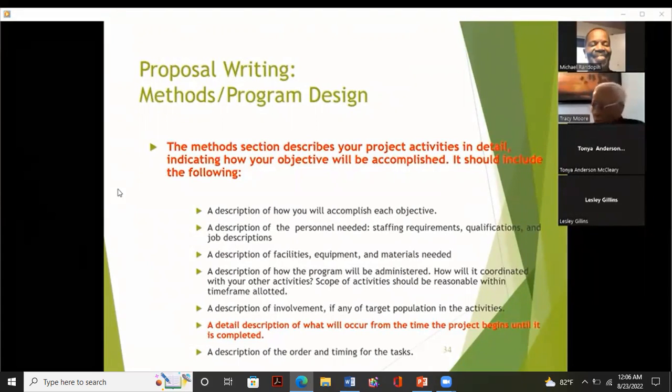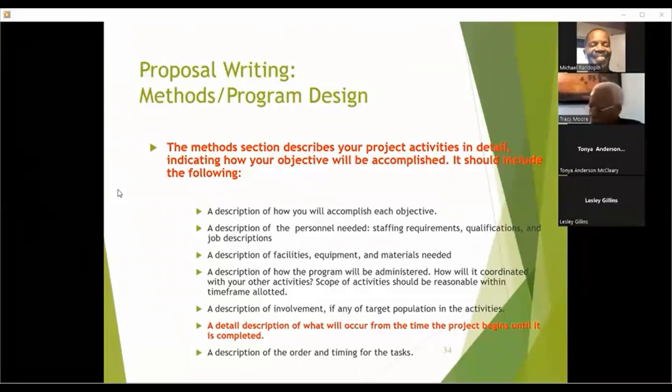You should talk about how the program is going to be administered. How will the program be coordinated, and what is your scope of activity or scope of services? And this should be done in a chronological way, from day one to the end of your program. For example, in your first 30 days, you're going to say, we're going to bring on staff.